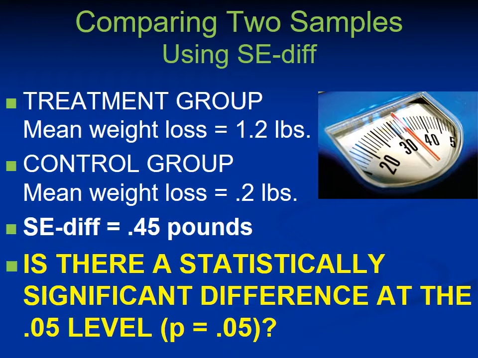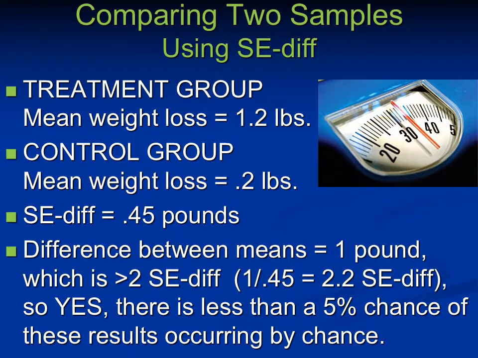Okay. Now, here's the important question. You're the researcher. Is there a statistically significant difference between these two groups at the 0.05 level? So pause here and see if you can answer that question. Okay, there's a couple ways you could go about calculating that, but we know that the difference between our sample means was 1 pound, and the standard error of the difference is 0.45.